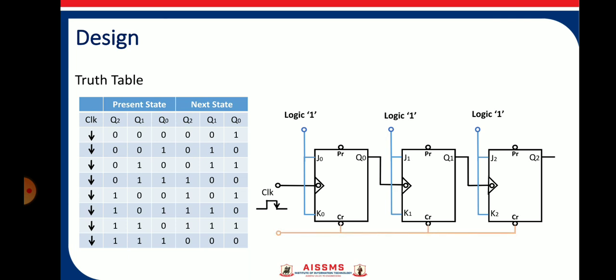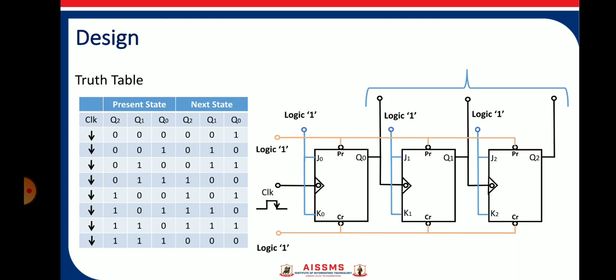Next, as we said, to work in normal mode, we have to connect the PR and CLR pins also to logic 1. We check the output of the individual flip-flops in parallel. This is nothing but the output.